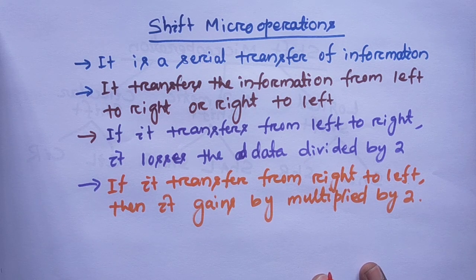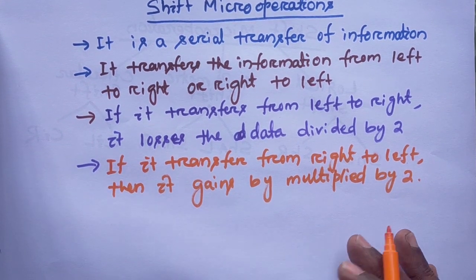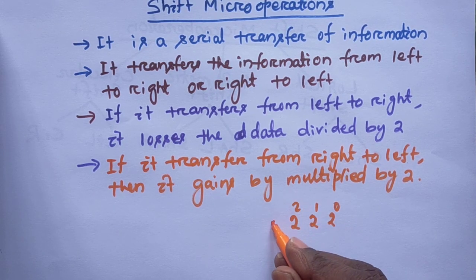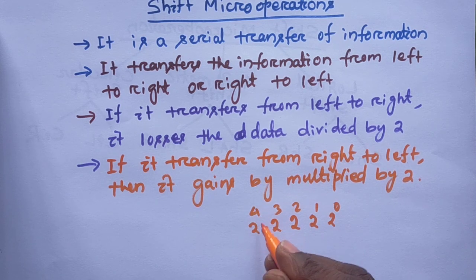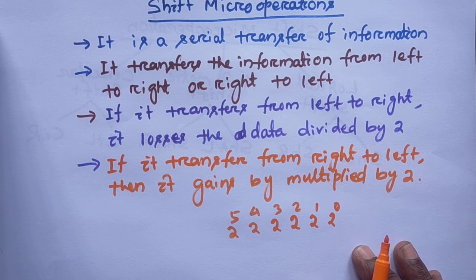Whenever we go through any bit data, maybe 2 bits, 4 bits, 8 bits, each bit's position is defined as 2 to the power 0, 2 to the power 1, 2 to the power 2, 2 to the power 3, 2 to the power 4, 2 to the power 5, and it will continue like this. Data is considered in this manner. All of you know that, I think.